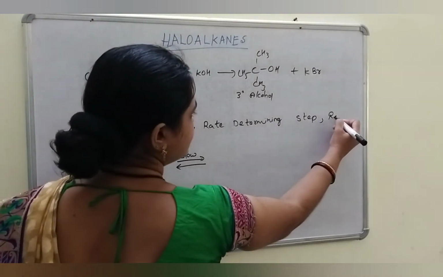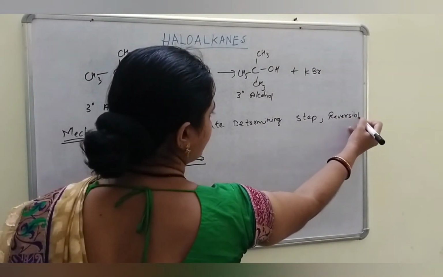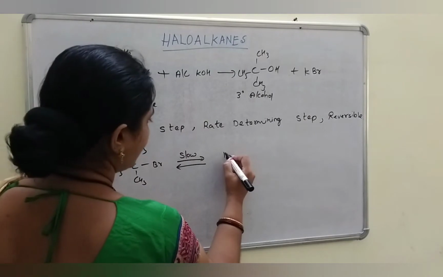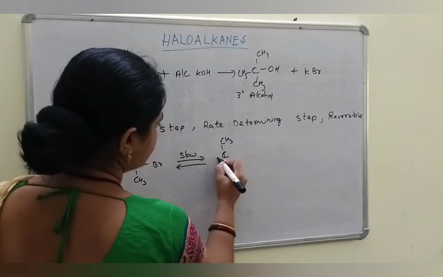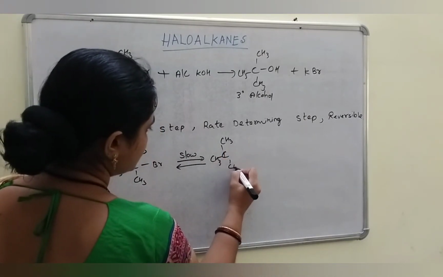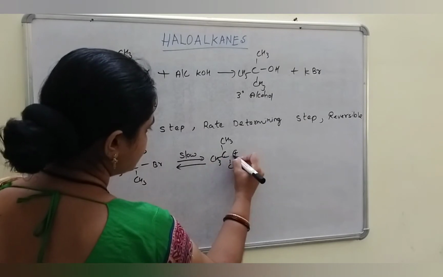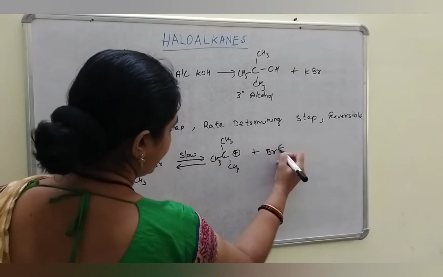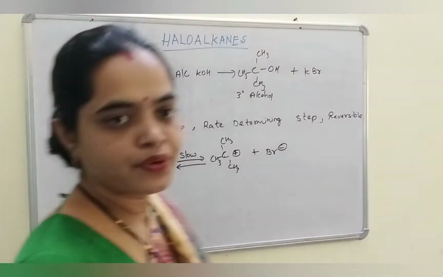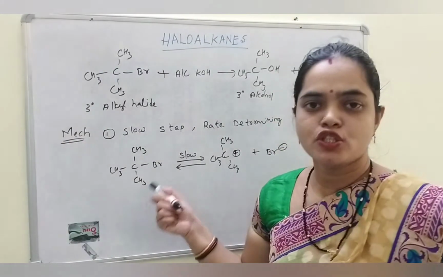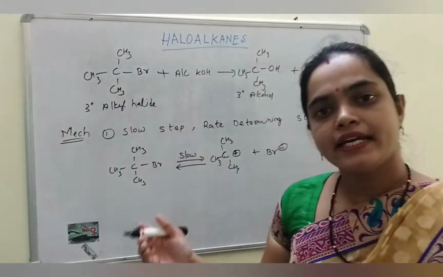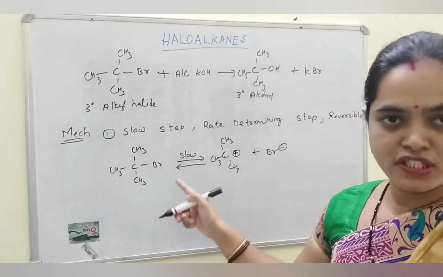Here the carbocation, CH3, CH3, CH3 plus Br minus. So you have to remember the first step is a slow step, that is a rate determining step, and the step is reversible also.